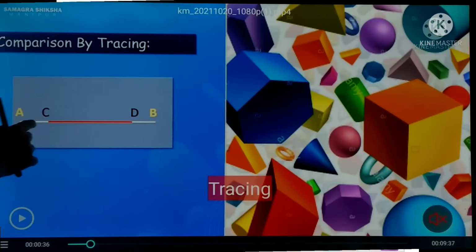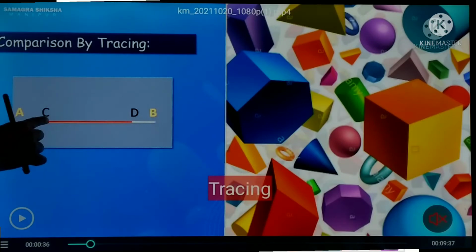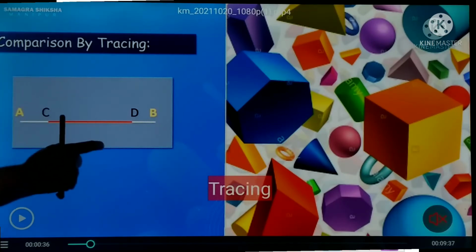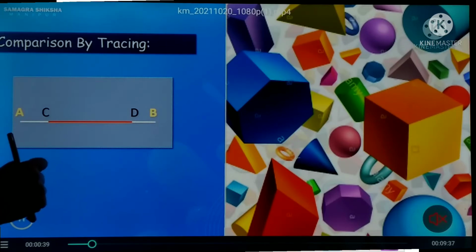From this we understand AB is the longer line segment, right? Here this much only is the line segment CD. Yes, this is comparison by tracing. Use the tracing paper and compare the two line segments. So the next method is comparison by using ruler and a divider.